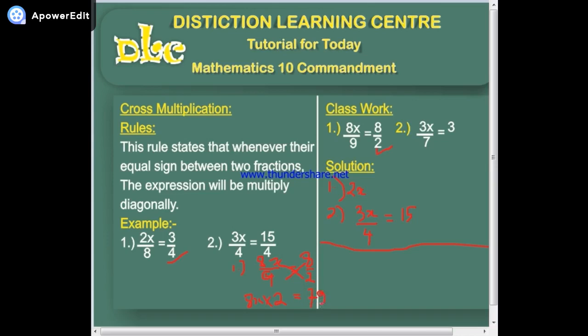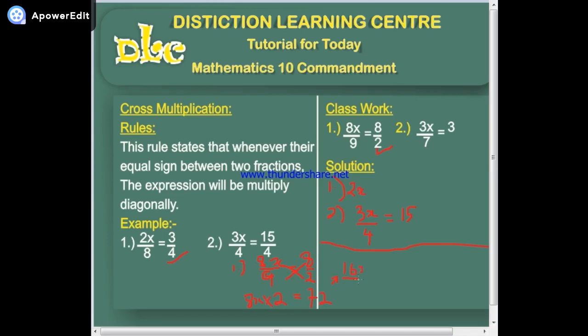Now 8 times 2 is what? 16. So the solution goes like this: 8x times 2, that is 16x.